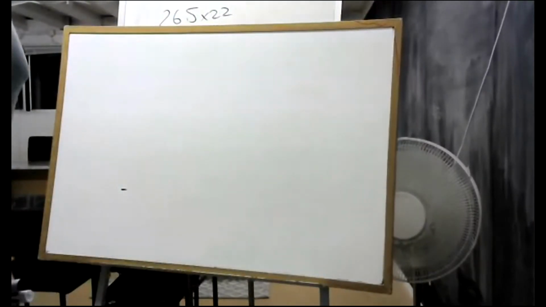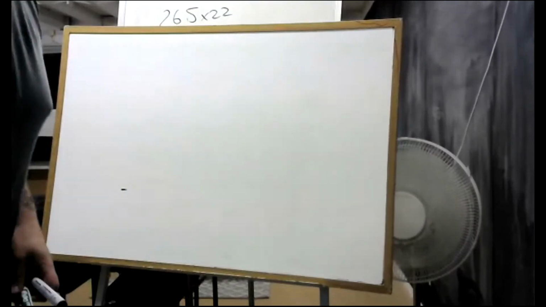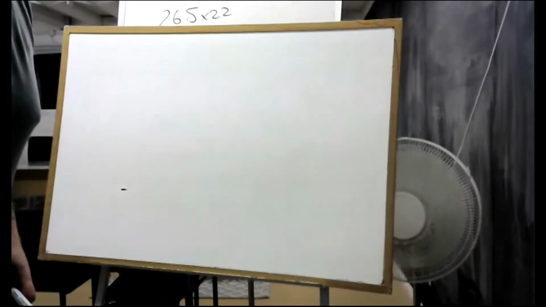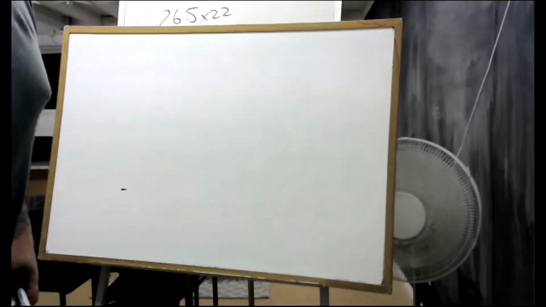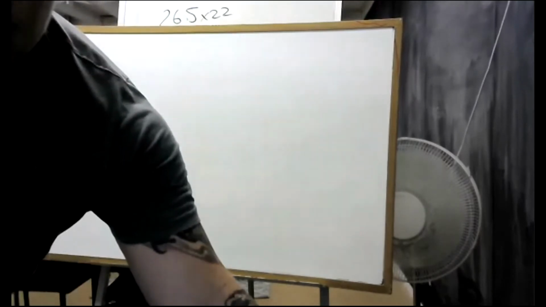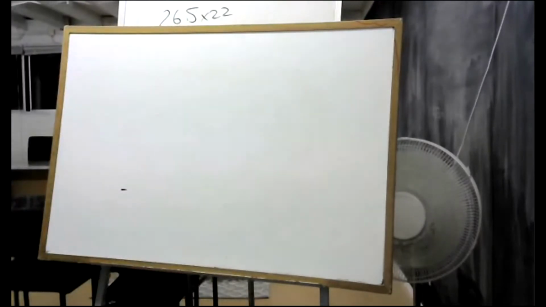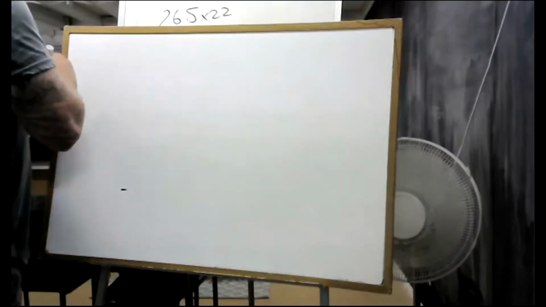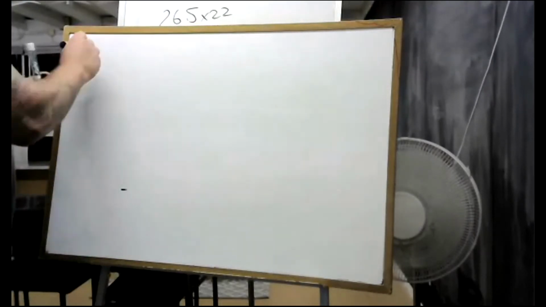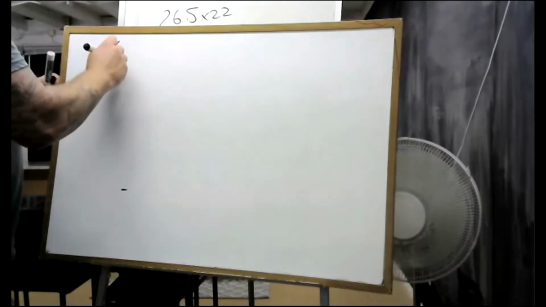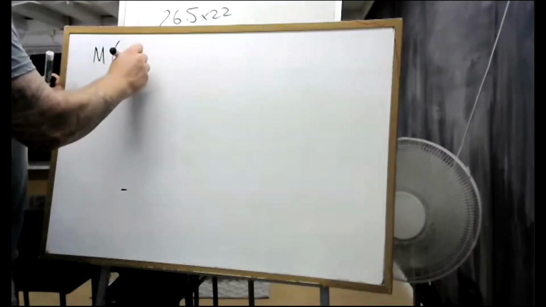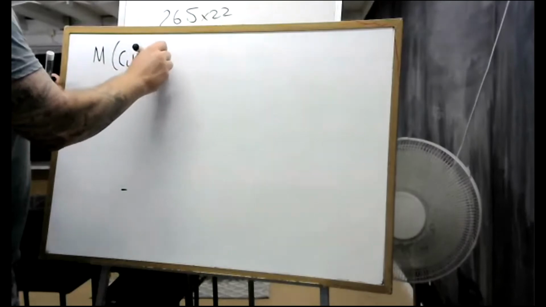Let's see if I can write with enough room. So we need to find the moles of butan-2-ol, moles of C4H9OH.